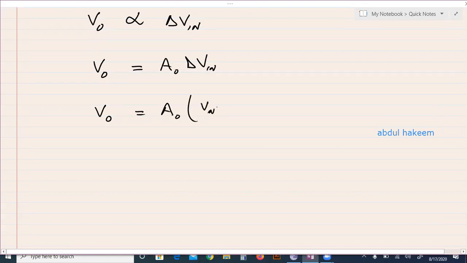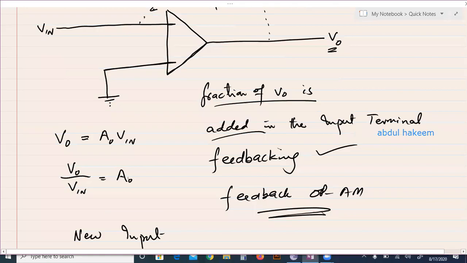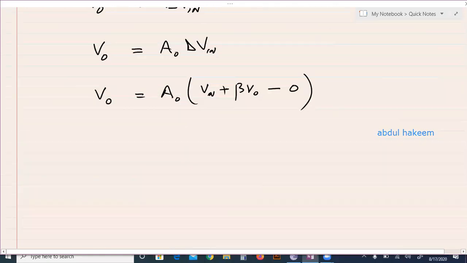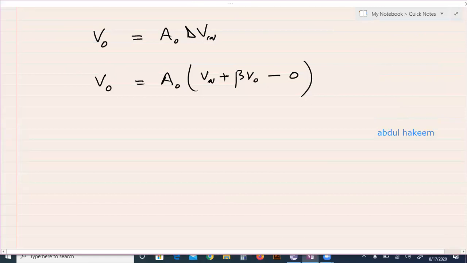New input Vin plus beta V naught, and the other one connected with the earth, so that is 0 potential. So this is the new formula after the feedbacking. Now output is equal to A naught Vin plus A naught beta V naught.